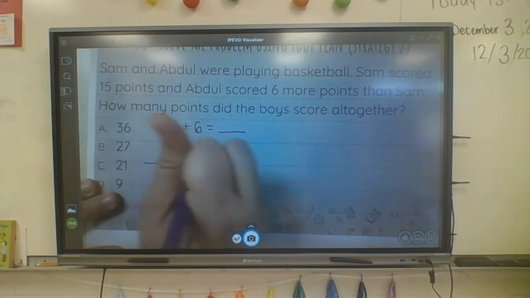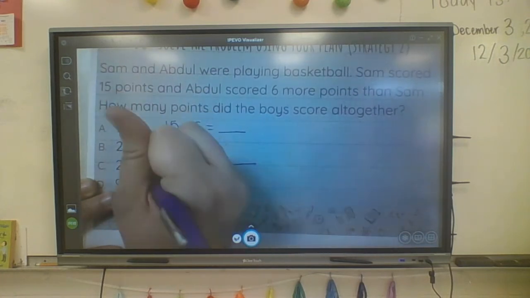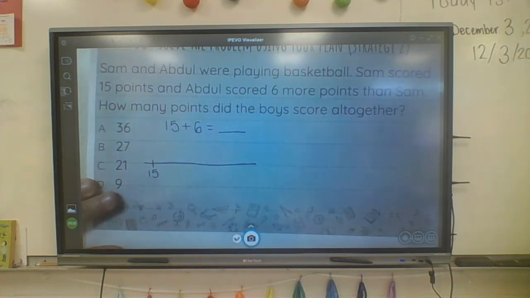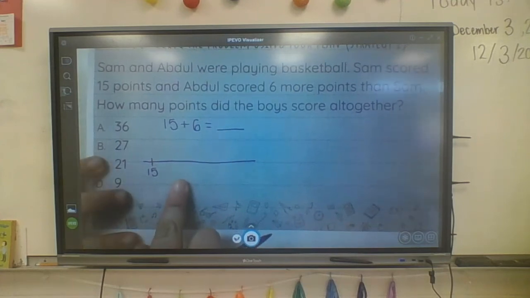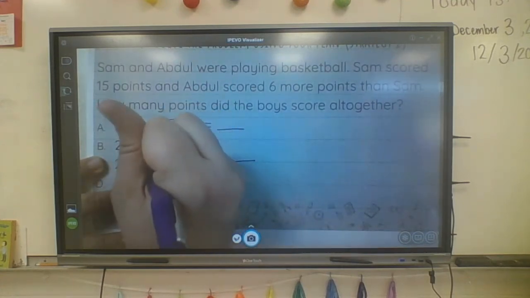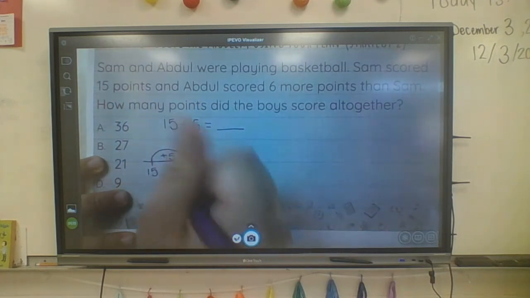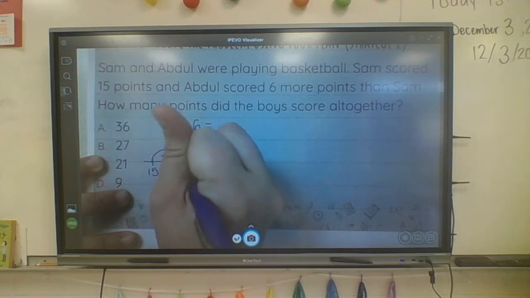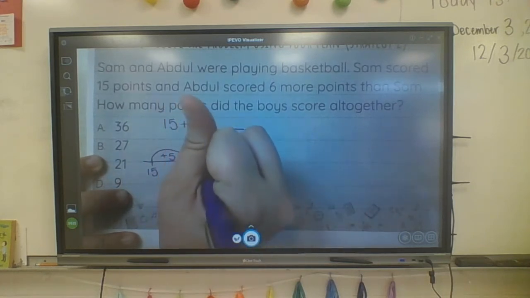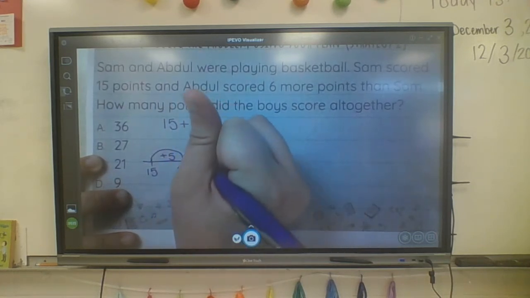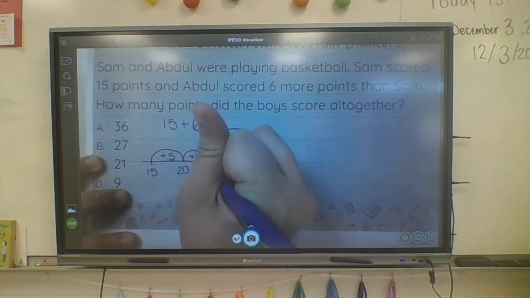But this time I'm going to put it on a number line. So I'm going to draw my number line, put 15. And I can either jump 1 6 times, or I'm going to jump a 5 because I know that 15 plus 5 is 20. And then I know I have to jump 1 more to make my 6, which would give me 21.